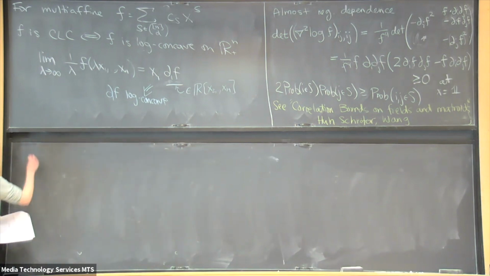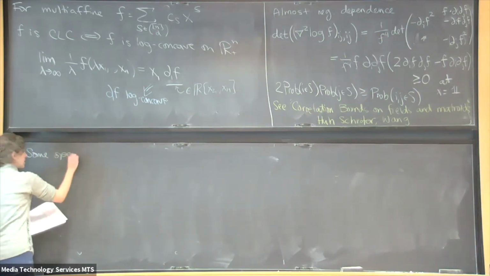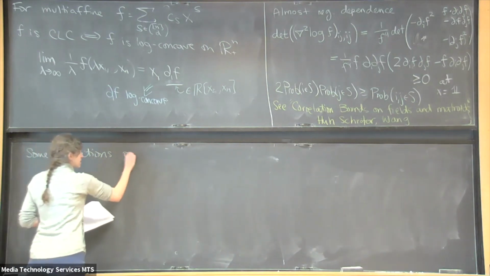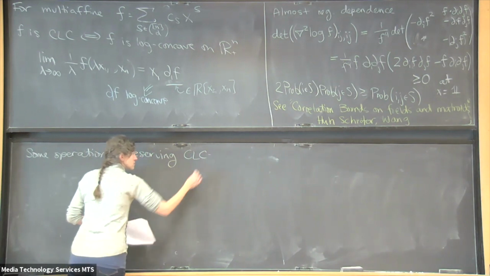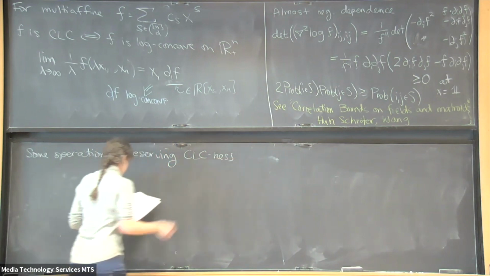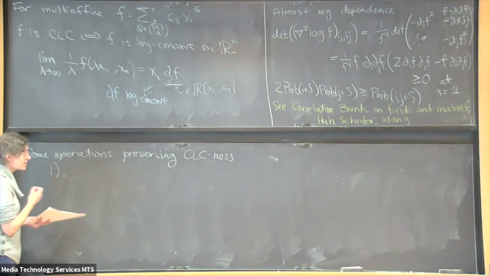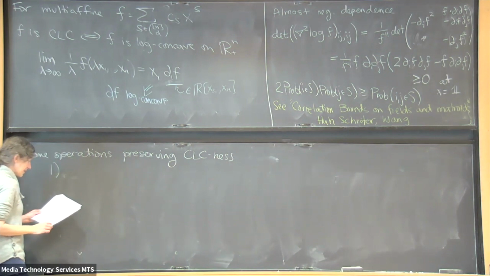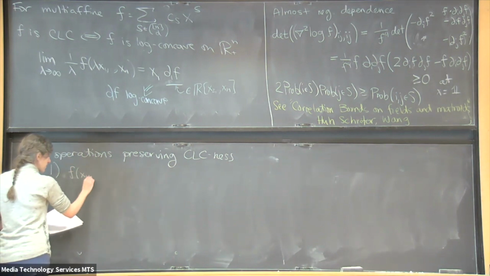Before we do that, I'm not quite done with the theory. Since it came up last time, I just wanted to mention things you can do to a polynomial to keep it completely log concave. The one we mentioned last time is a positive change of coordinates.